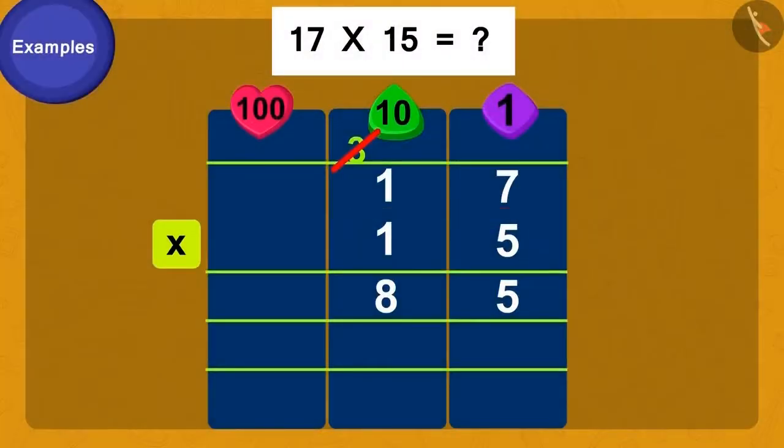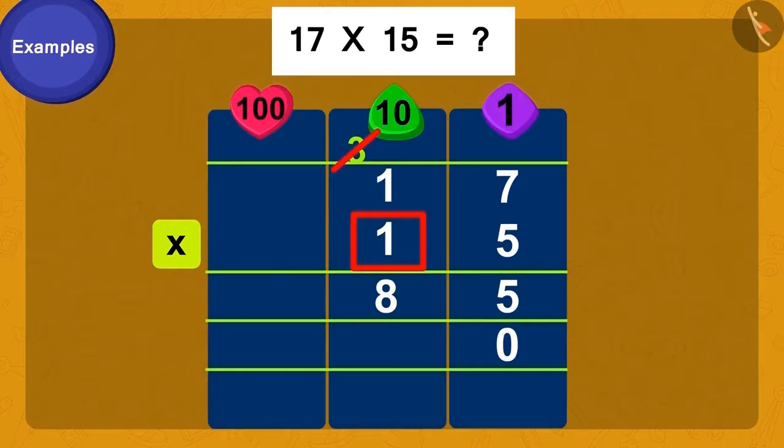Now we will multiply the 1 of 15 by the digits of 17 from right to left. We will write it in the second row. Before starting the multiplication process, we write a 0 like this in the unit space.